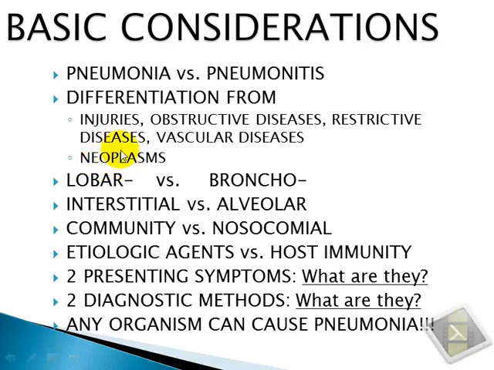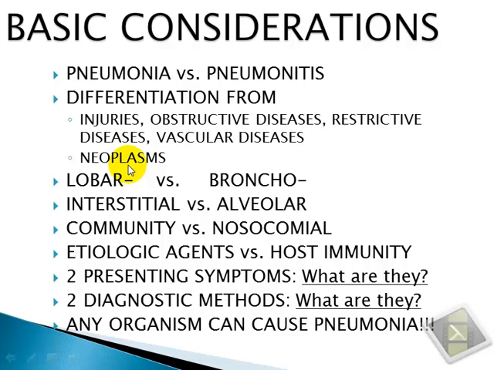Inflammations may lead to metaplasia, then dysplasia, and finally neoplasms. But we have to understand that pneumonias are by no means a pre-neoplastic condition. You may have bronchopulmonary dysplasia or any kind of dysplasia inside the lung which may lead to neoplasm, but we should not say that pneumonias lead to neoplasm. That's not really right.